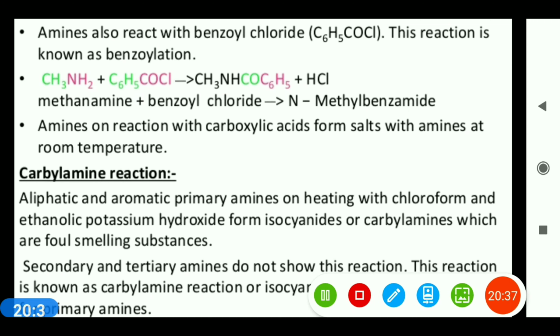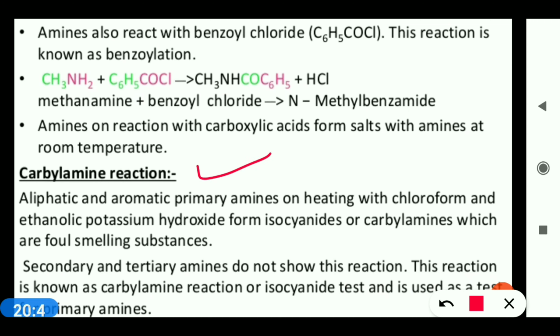Next reaction is the carbylamine reaction. This is a very well known reaction. One conversion of NCERT is given in the first chapter, haloalkanes and haloarenes: how you can convert aniline to phenyl isocyanide. So this is the direct reaction to convert aniline to phenyl isocyanide.